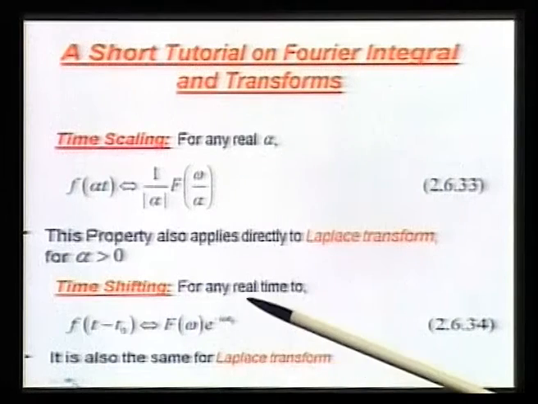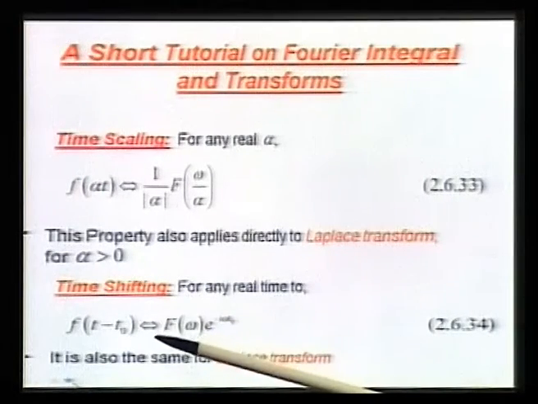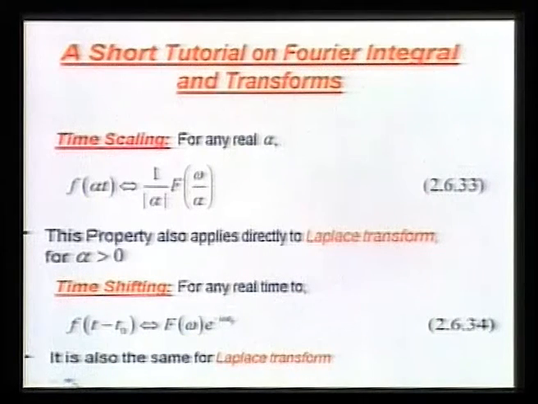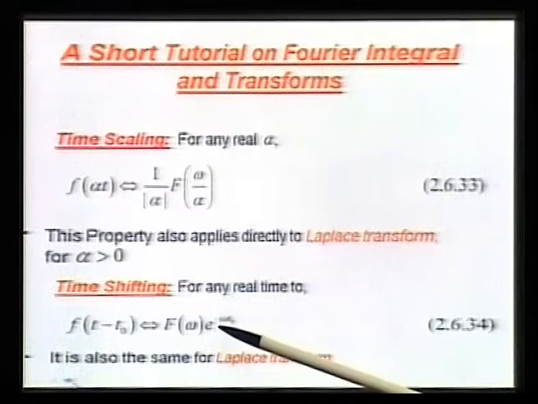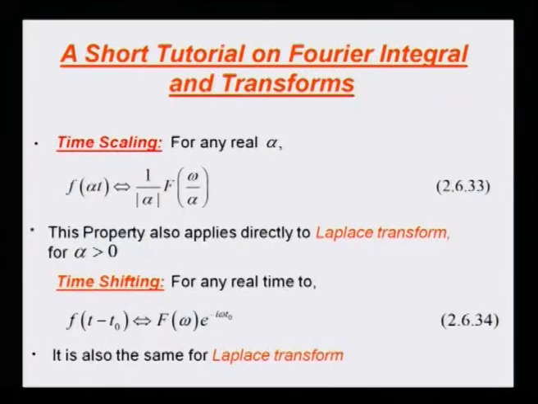Okay. Now, there are additional properties that you can also very clearly show: if your time origin is shifted from 0 to t naught, then you will see that the corresponding transform is just simply multiplied by e to the power minus i omega t naught. It is that simple, and we will use some of these properties in the context of Laplace transform also. It remains valid there.